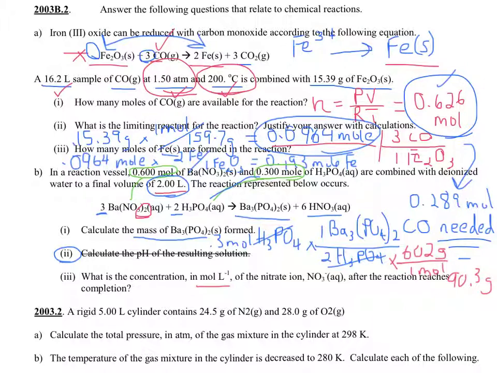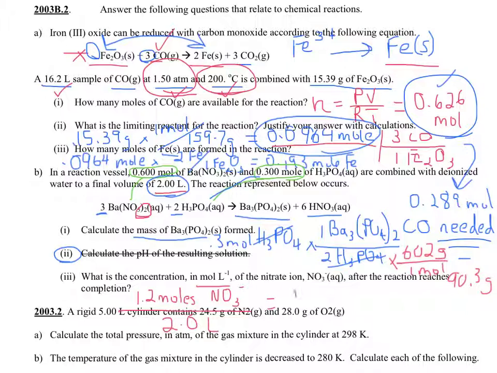So since we dissolved 0.6 mole of barium nitrate into the solution, that would have been a total of 1.2 mole of nitrate ion, and that 1.2 moles of nitrate ion is dissolved in, importantly, that 2 liters of solution.